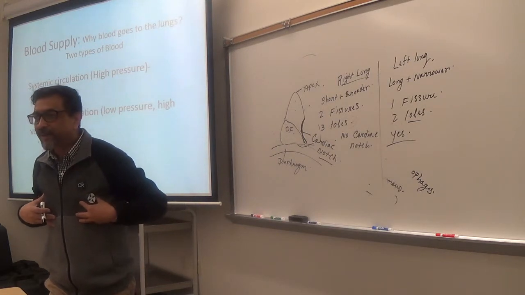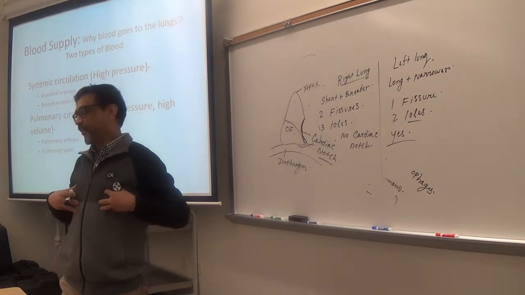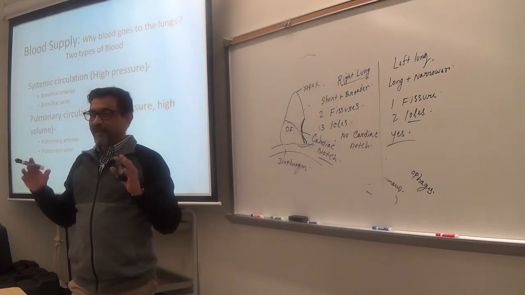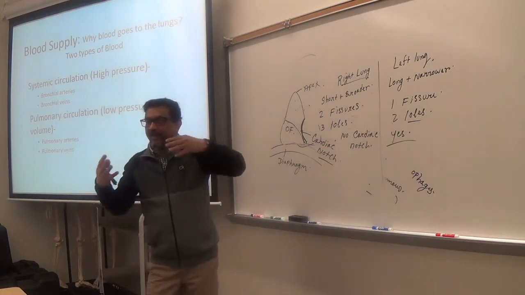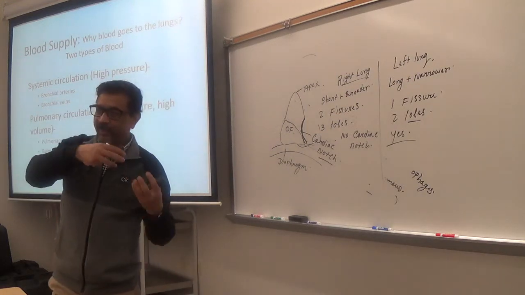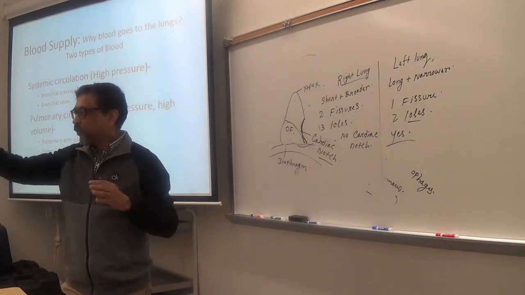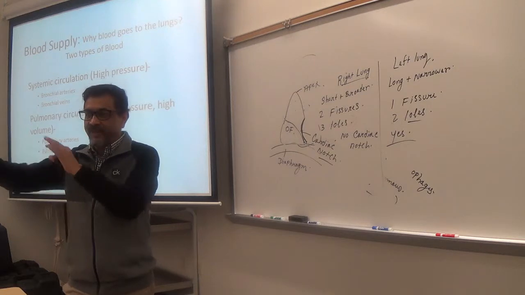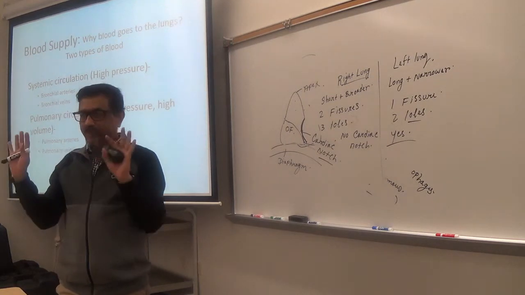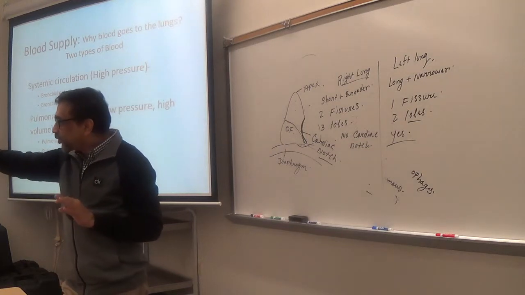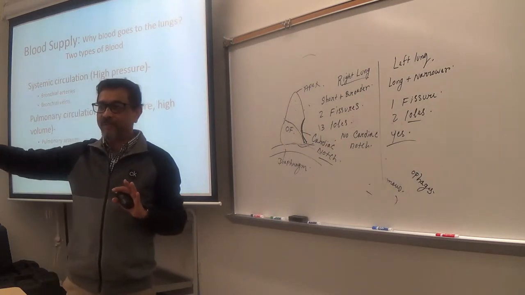What kind of blood? Deoxygenated. Make sense? And the blood becomes oxygenated by gas exchange, right? And oxygenated blood gets back into the heart, right? So that is one type of blood the lung is getting all the time: deoxygenated blood from the heart. That is a part of which circulation? Pulmonary circulation. Is it clear?